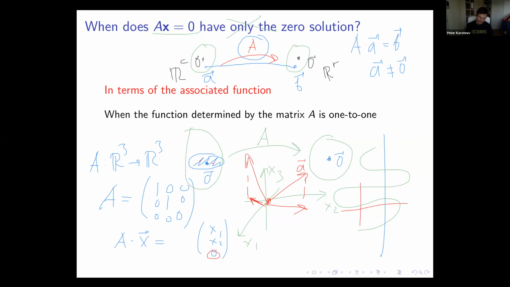So this transformation is called a projection, because that's what it does: it projects things down onto the x1, x2 plane. Okay. So Iris, do you see that? Is it clear? Do you see why this is a projection?